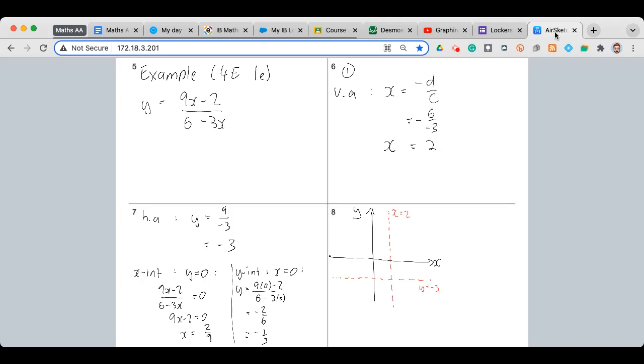Like so. I've got my x-intercept at x equals 2/9, so that's going to be something like there. This is going to look awful. 2/9. I've got the y-intercept at minus a third, so that's going to be about the same distance, isn't it?